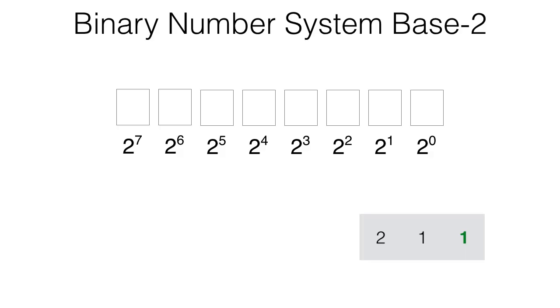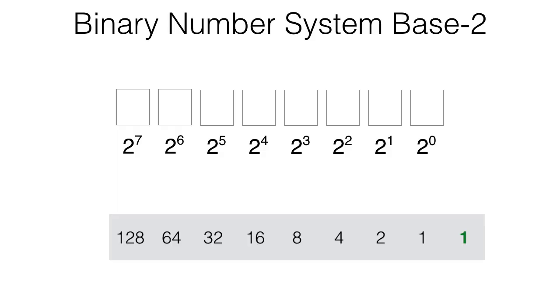Can you guess what 2 to the power of 2 is? 4. 2 to the power of 3 is 8. 2 to the power of 4 is 16. 2 to the power of 5 is 32. 2 to the power of 6 is 64. 2 to the power of 7 is 128, and then it just continues on. Do you see the pattern?